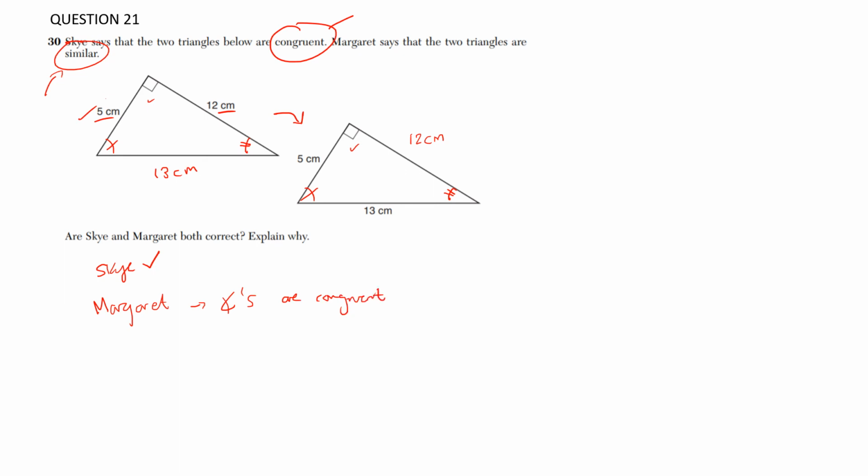When we look at the sides, the sides are in proportion. And what is that proportion here? That proportion is 1, right? This side maps to this side by scaling by 1. It's basically the same, right? 5 maps to 5 and 13 maps to 13. So they are both correct here.